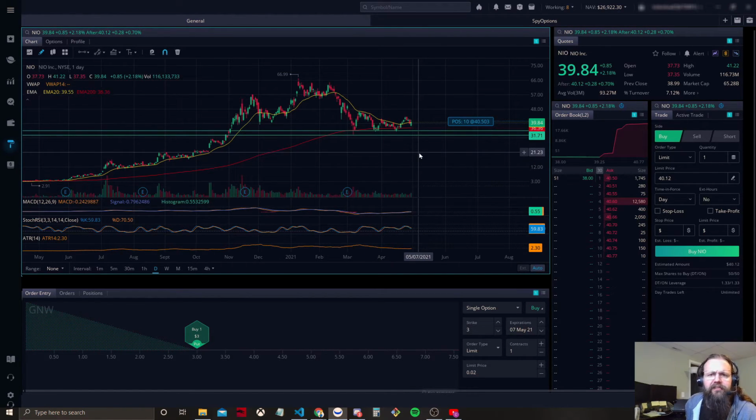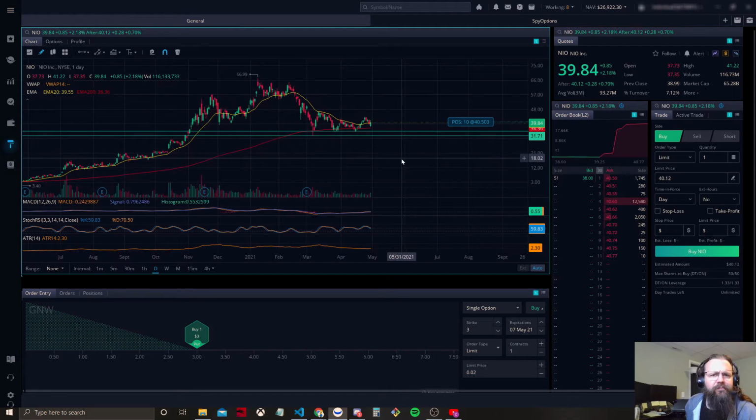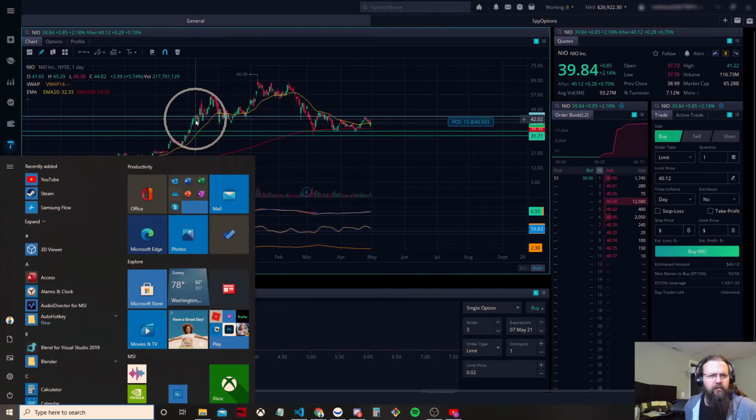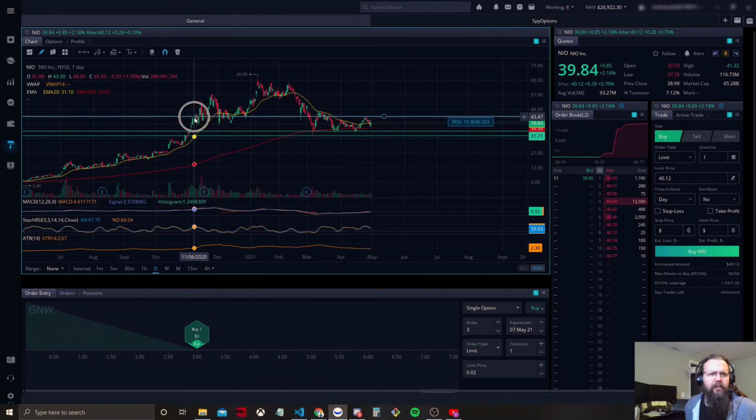Let's go ahead and find our resistance. Top candle there. Candle there. Candle here.